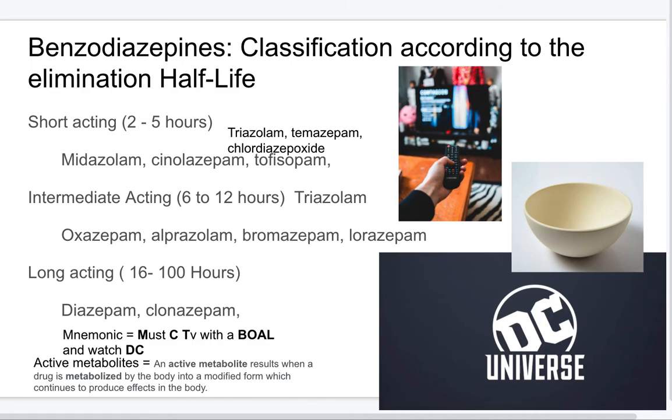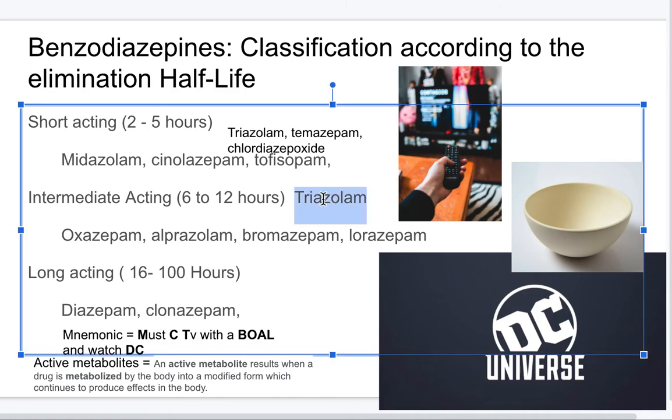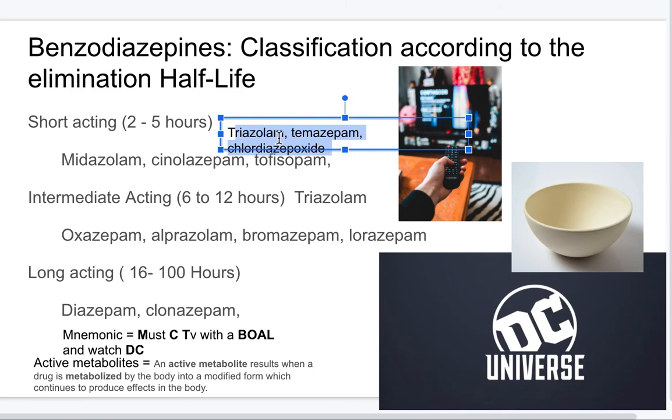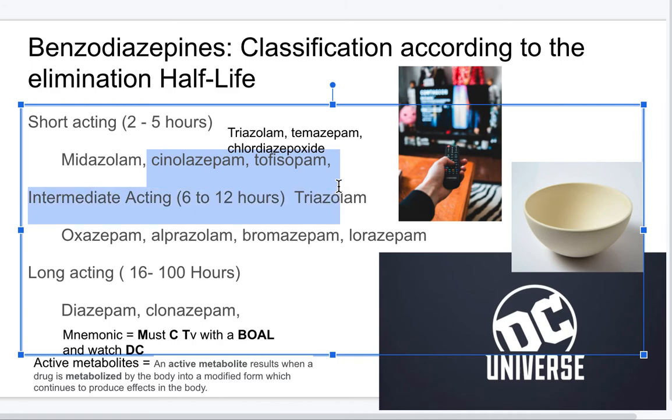And the intermediate ones, which are 6 to 12 hours, are oxazepam, alprazolam. Triazolam is not here, sorry. I'm not sure whether these are 2 to 5 hours in terms of their elimination. I think it'd be intermediate acting instead. So they can be oxazepam, alprazolam, bromazepam, lorazepam, and the long acting, 16 to 800 hours, are diazepam and clonazepam. So these are the main things.